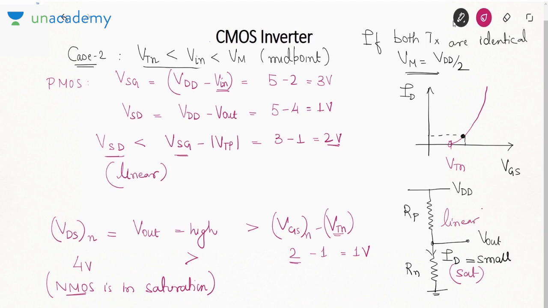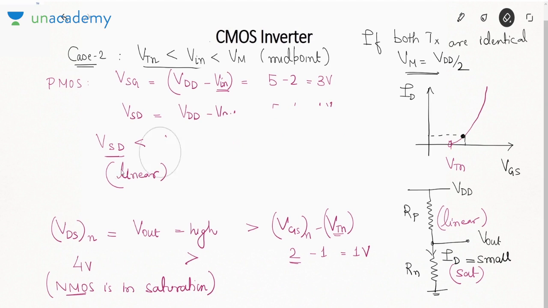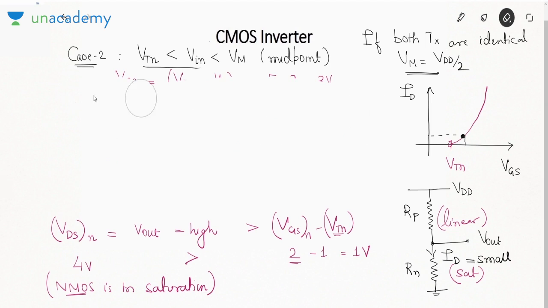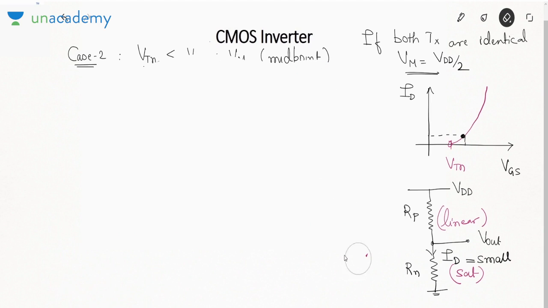Is my point clear to you? PMOS is still operating in linear region, whereas NMOS has entered saturation. So what is the trend here? In the previous case, PMOS was in linear region and NMOS was in cutoff.